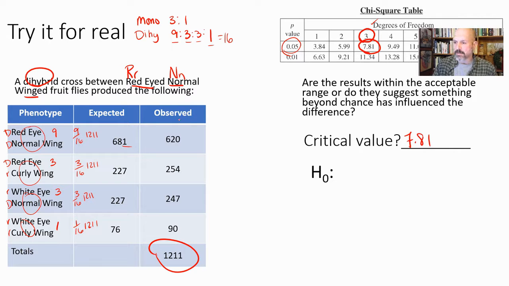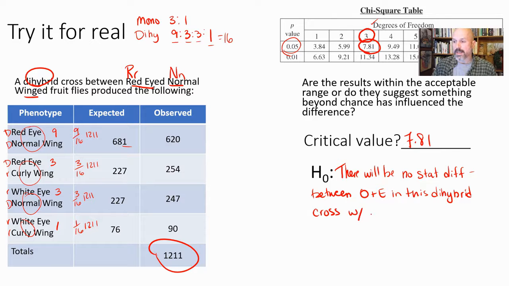For a null hypothesis, I'm going to say that there will be no statistical difference between observed and expected in this dihybrid cross, with a critical value of 7.81 and a p-value of 0.05.